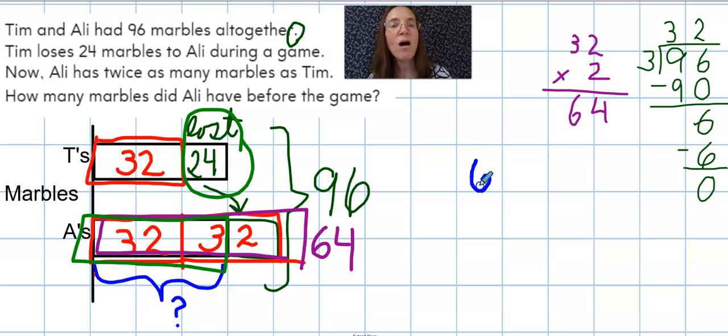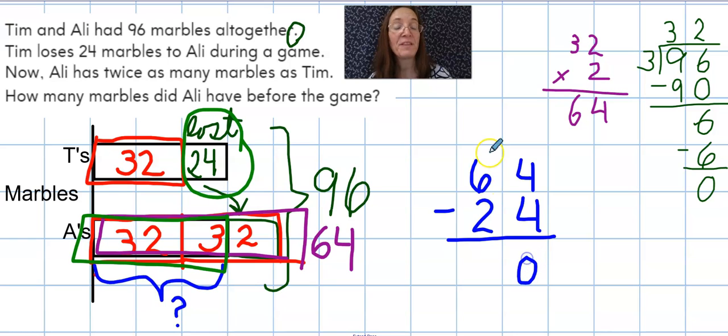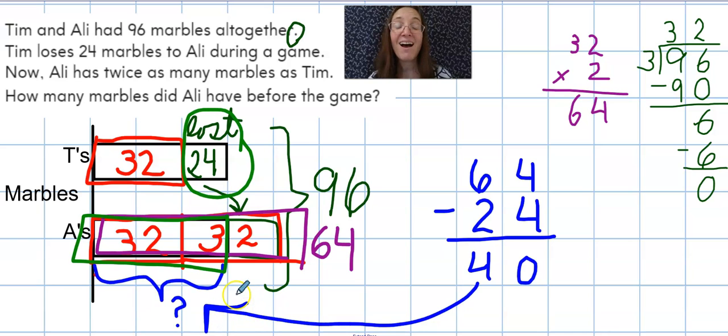We're taking all of Ali's marbles at the end of the game, and we're going to subtract the 24 marbles that he won off of Tim. When I do that, 4 minus 4 is 0, no regrouping there, and 6 minus 2 is 4. And so now I know that at the beginning of their gameplay, Ali had 40 marbles.